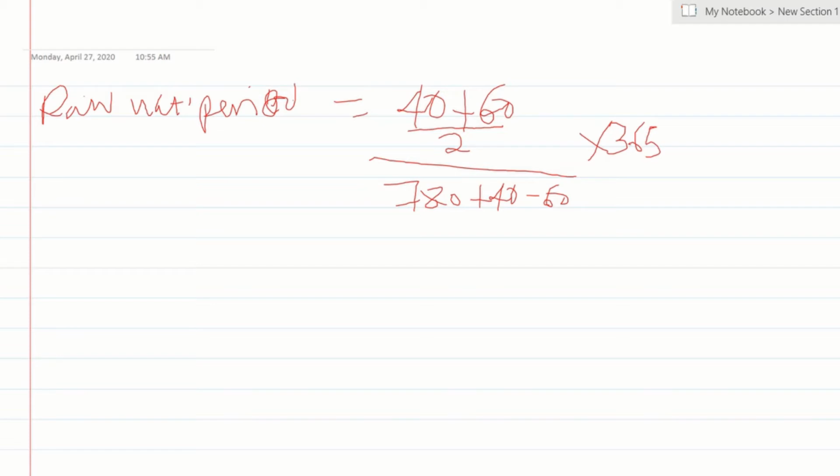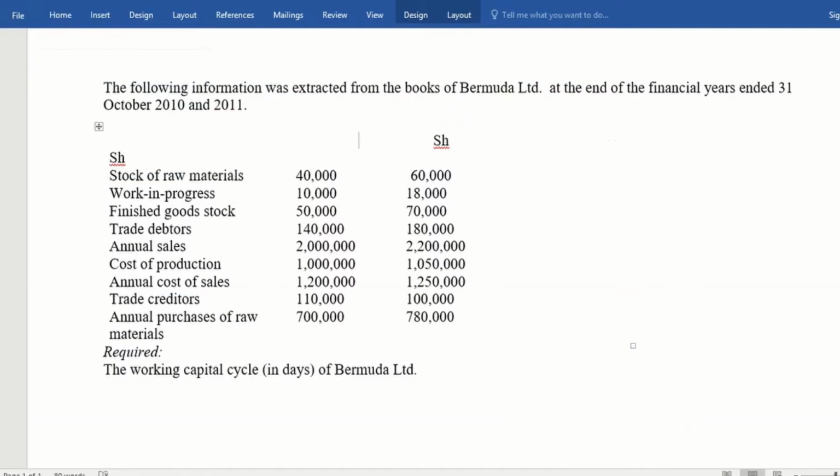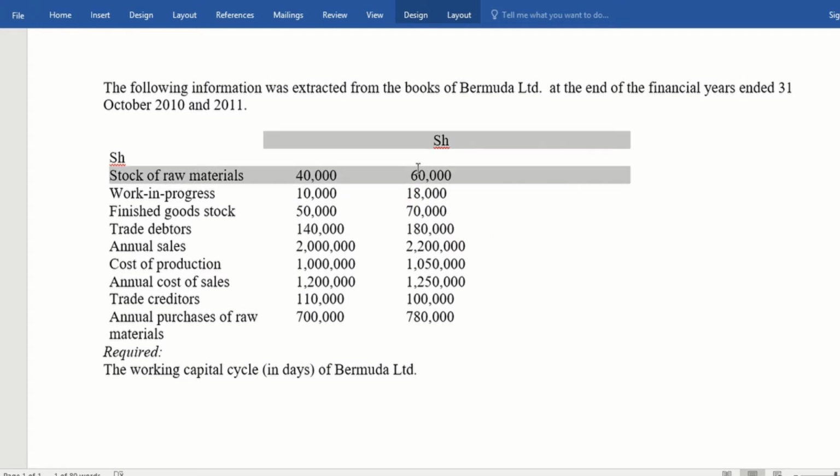Now, before I give you the answer, I need to show you where we have the 780. 780 is this value, the value for the purchases made in the period. We add the opening stock of raw materials of 40, this 40, then we less the closing stock.